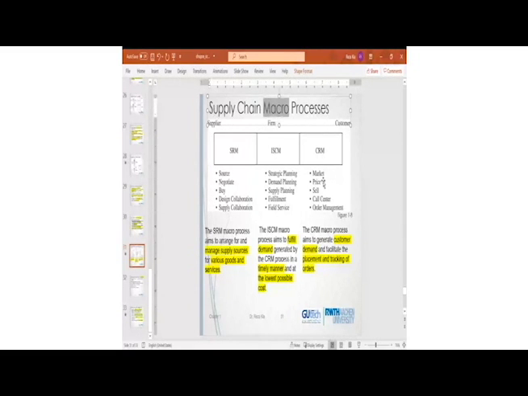How are you going to sell your product to that customer? Are we going to establish a call center to respond to customer inquiries, or how are we going to fulfill the demand for the items and how are we tracking and placing them? All this operation is divided into the CRM. So when we are connecting our supply chain with the customer, all those processes are categorized in this segment.